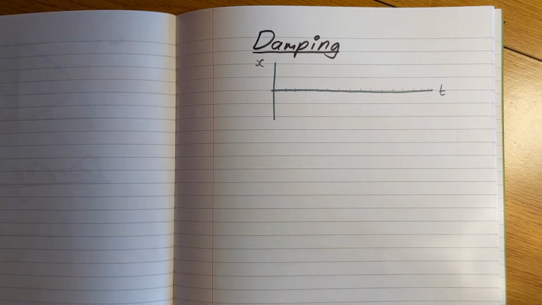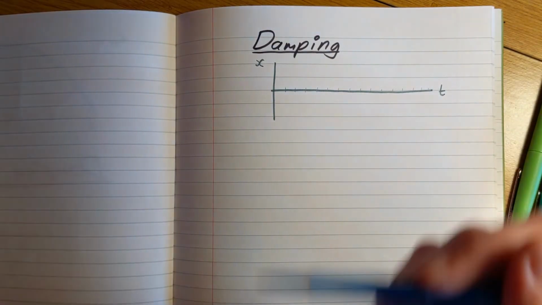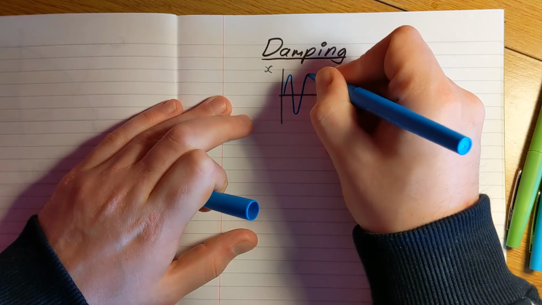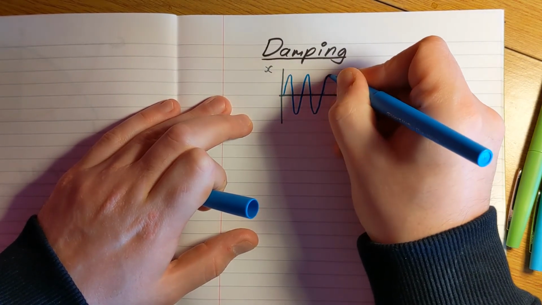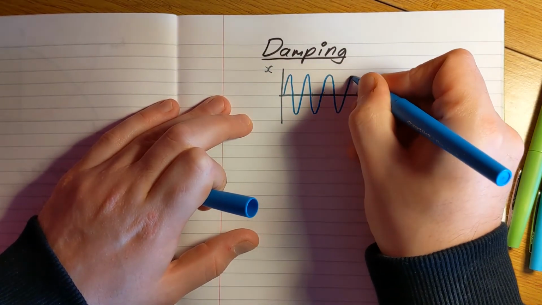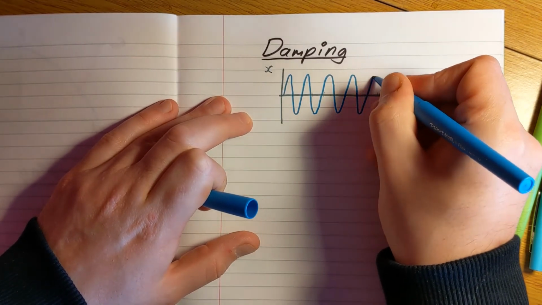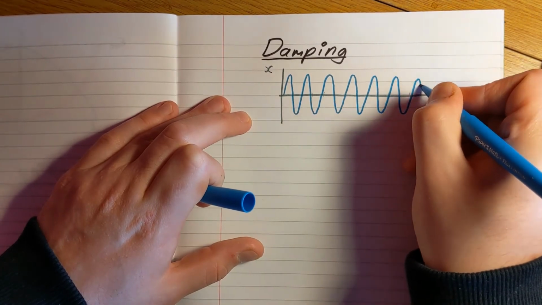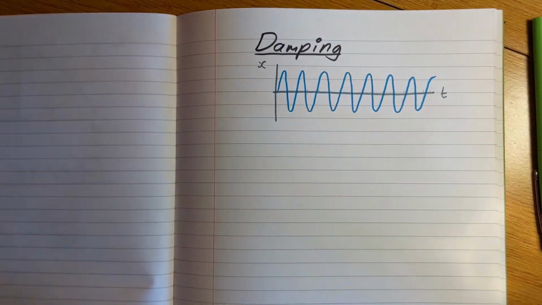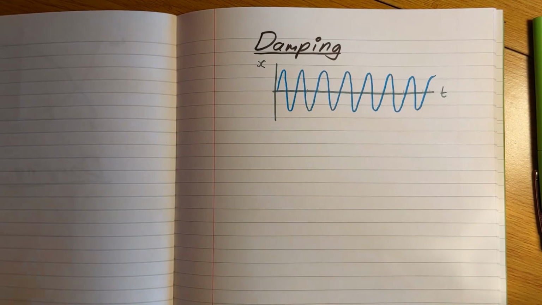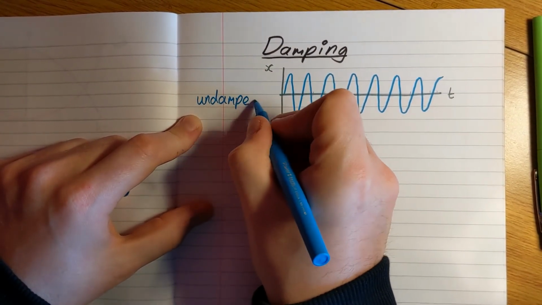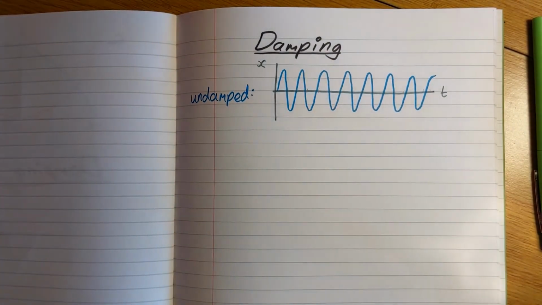So an undamped system would be the same size oscillations all the time, same period, same amplitude, nothing is changing. So this is an undamped oscillation, or free oscillation. So we've got no energy losses whatsoever. But in real life, that's not happening.